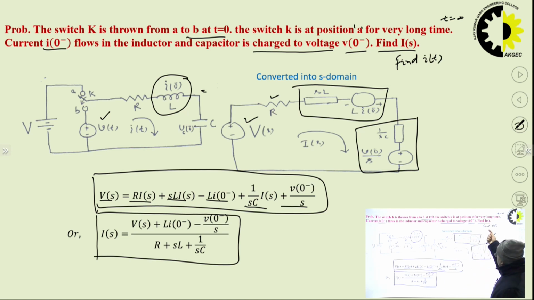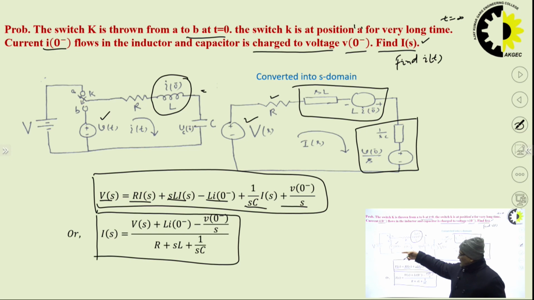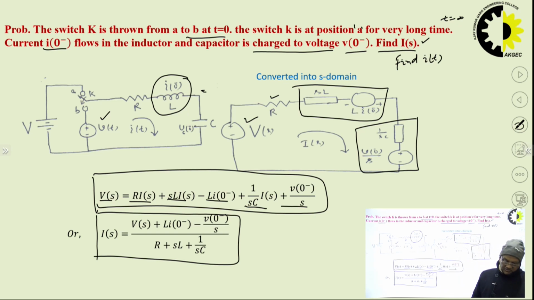We can get the solution in the time domain. But in this case, the question is only about I(s). We have to find the value of I(s). So simple: either apply Kirchhoff's current law and then apply the Laplace transform, or convert the circuit into S domain and then apply Kirchhoff's voltage law.